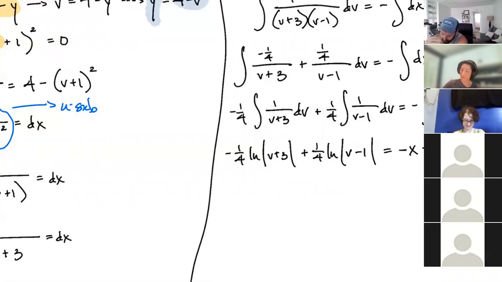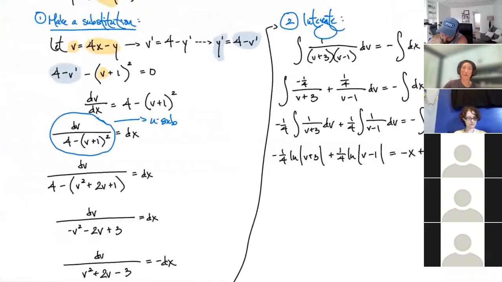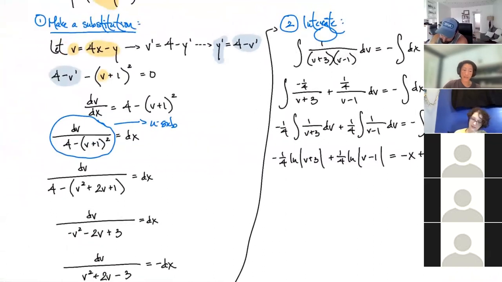All right, so we've done a lot of work so far, right? A lot of work here. We know ultimately that we've integrated, we've done the differential equation part, but we've got to pack it back up so that we can get it in terms of x and y. We want things with x's and y's, not with v's and x's.